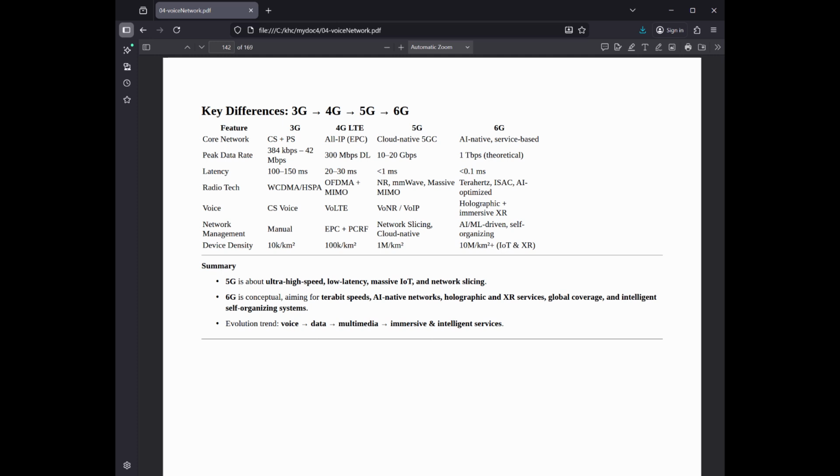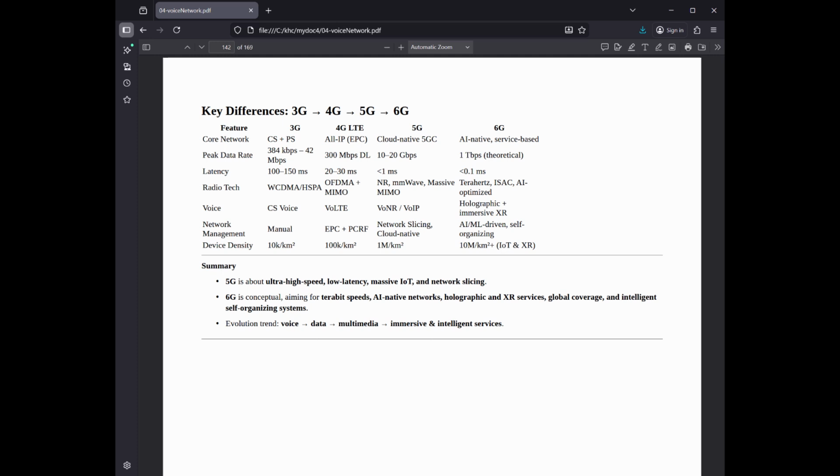Radio tech: WCDMA/HSPA, OFDMA, NR mmWave massive MIMO, terahertz, ISAC, AI. Voice: CS voice, VoLTE, VoNR/VoIP, holographic immersive XR. Management: EPC plus PCRF, network slicing, AI/ML-driven self-organizing, cloud-native. Device density: 10K per km², 100K per km², 1M per km², 10M per km² plus, IoT and XR.